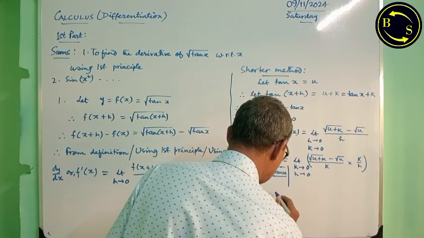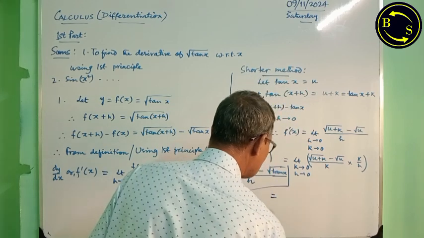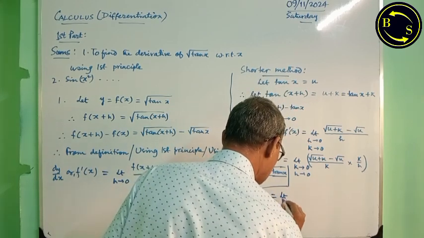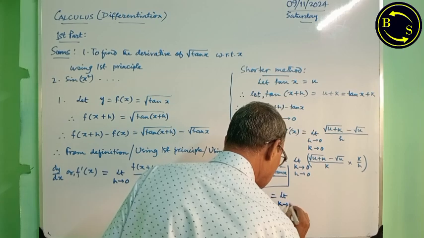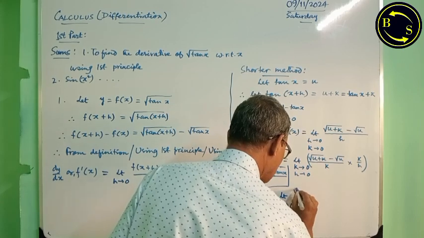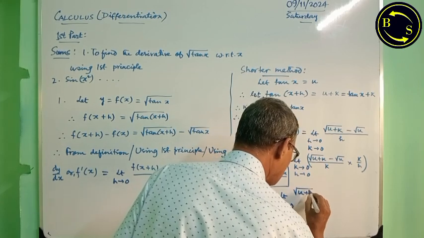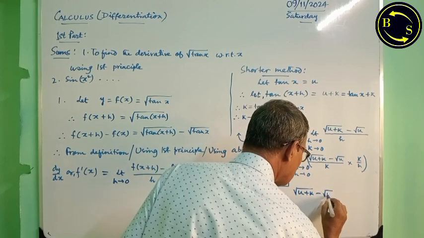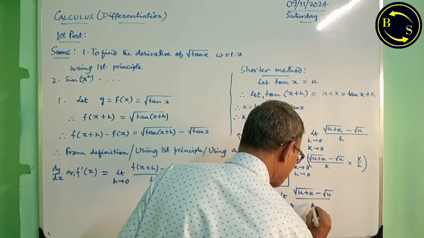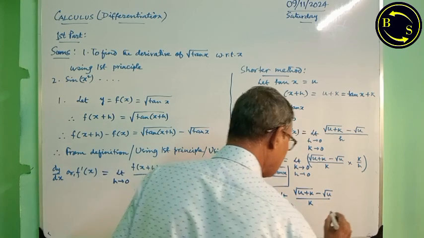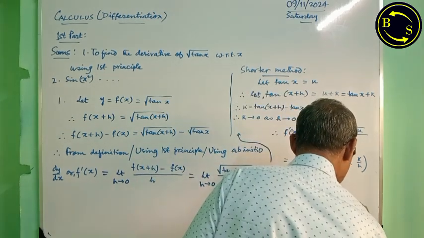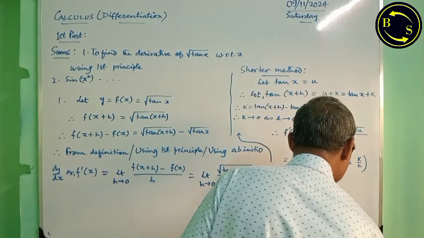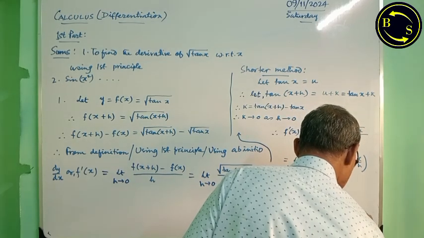Therefore that is equal to limit k tends to 0 of root over u plus k minus root u by k, into limit h tends to 0.